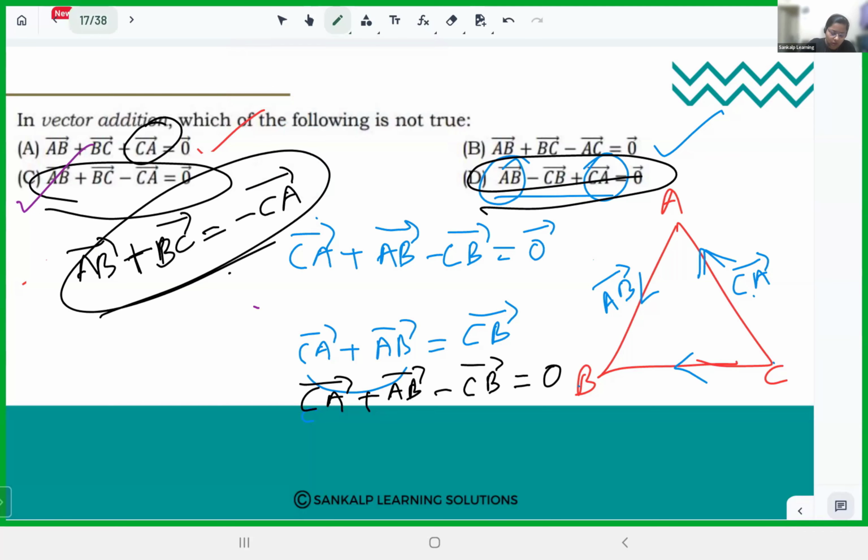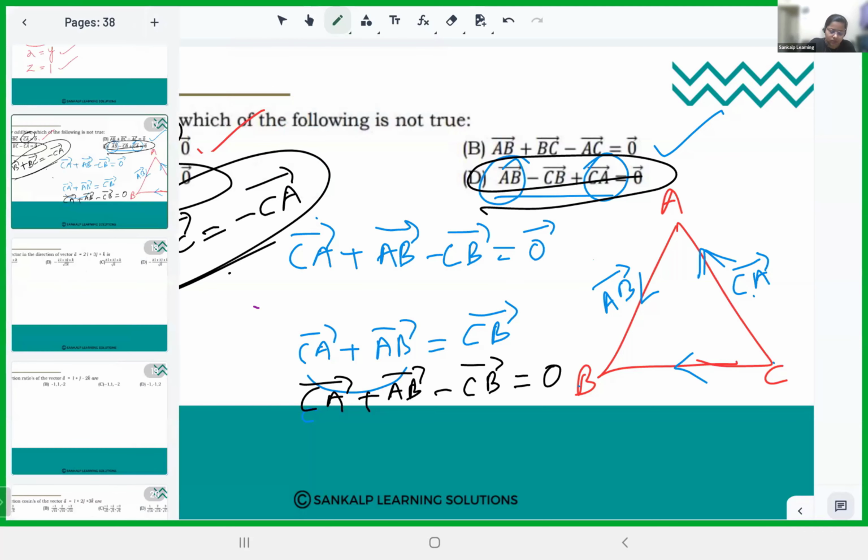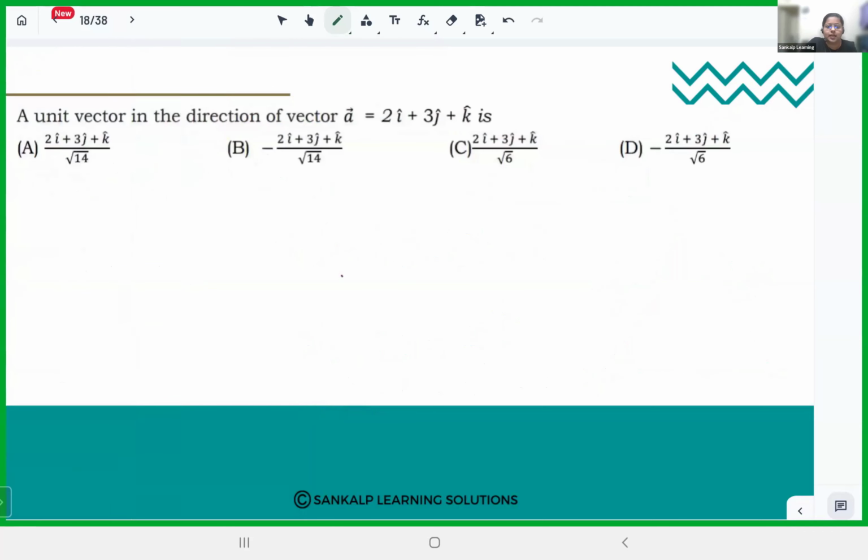Now, moving on to our next question. A unit vector in the direction of vector A equal to 2i plus 3j plus k. So you are given a vector A, that is 2i plus 3j plus k. You have to find out the unit vector in the direction of that vector. How will you find a vector in the direction of that vector?